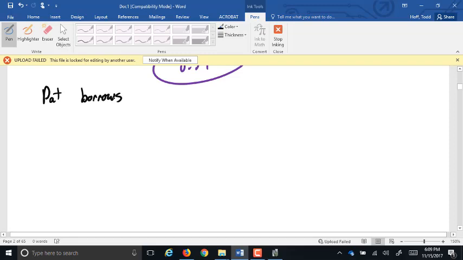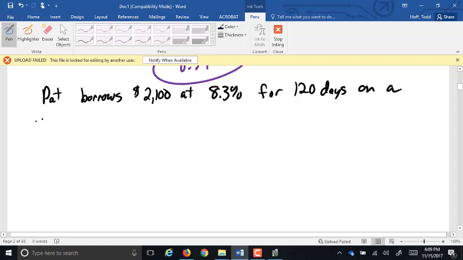So let's say that Pat borrows $2,100 at 8.3% for 120 days on a simple discount note.